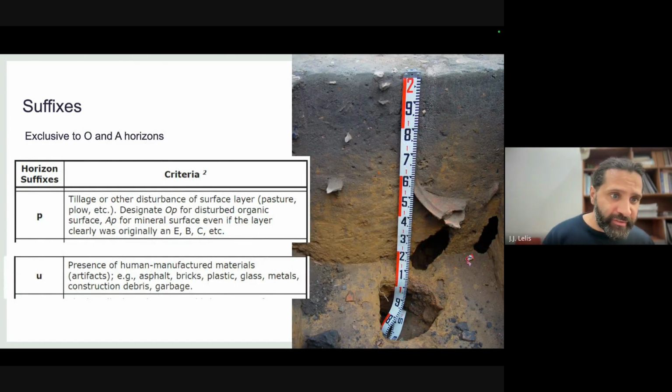One of the suffixes that we can use for O and A horizons are the P and U. And in both cases, we are talking about human disturbance, human action, okay?